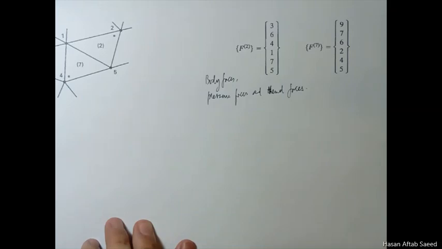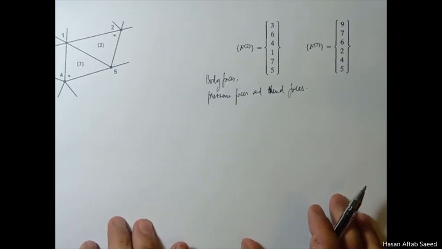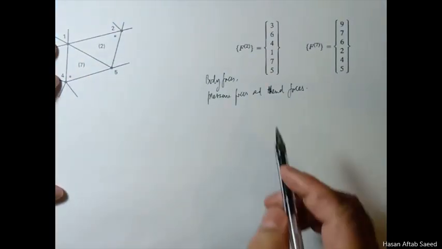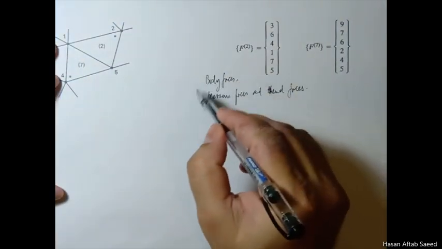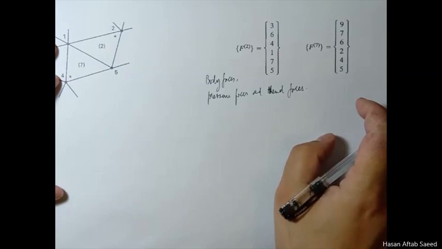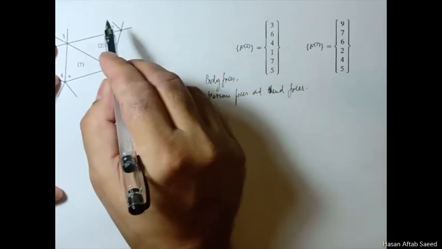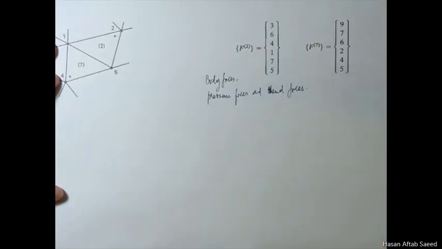Concentrated loads are not included here. They cannot be, because you recall from your previous experience that at the elemental level we only make these F vectors corresponding to these three types of forces. If there is a concentrated load here, for example, or here, we don't add it at this stage.